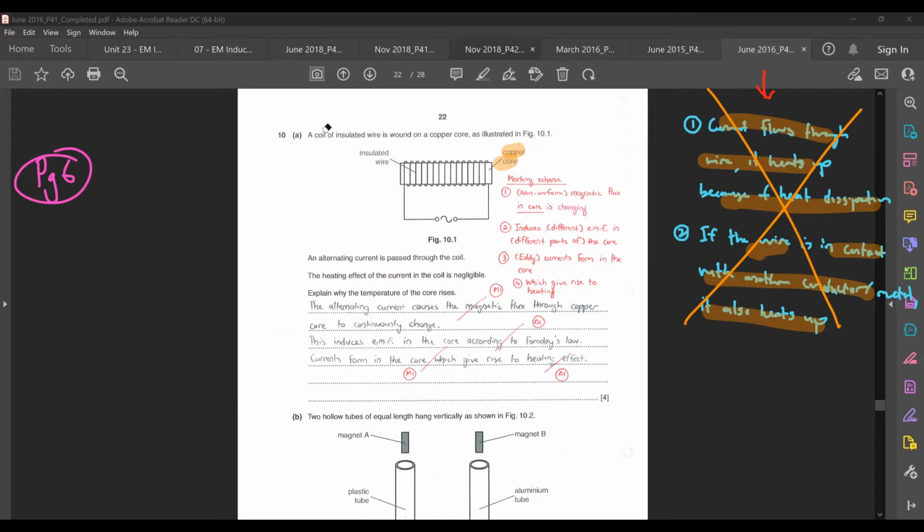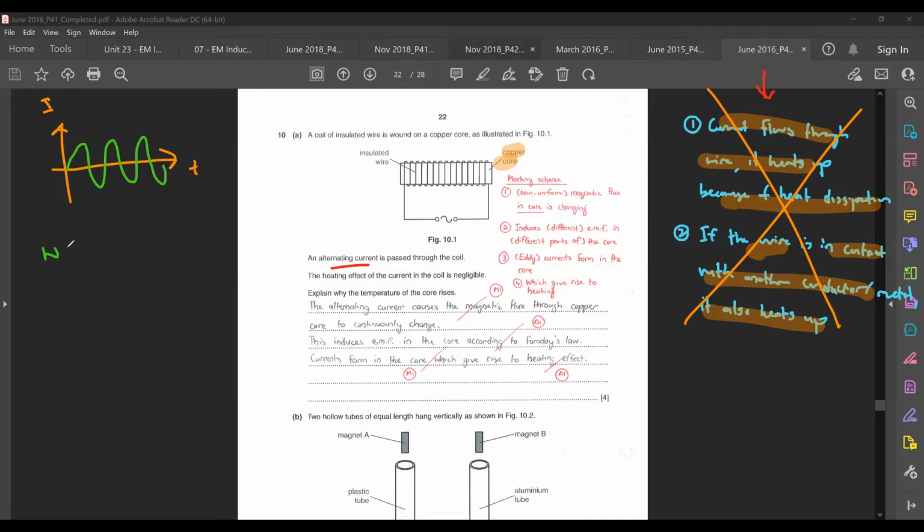Now, when they tell you you have alternating current, just now I mentioned to you that alternating current looks something like this. A graph of current I versus t will look something like this.